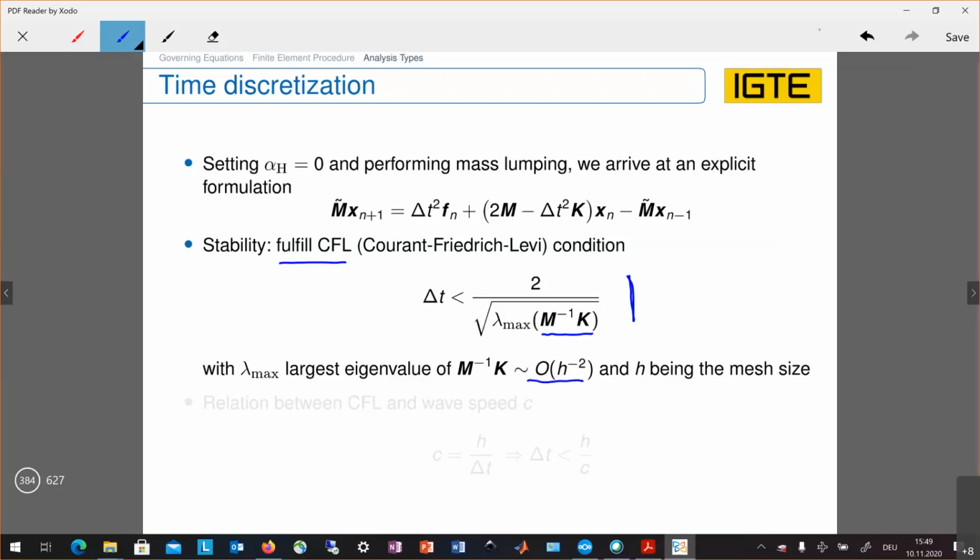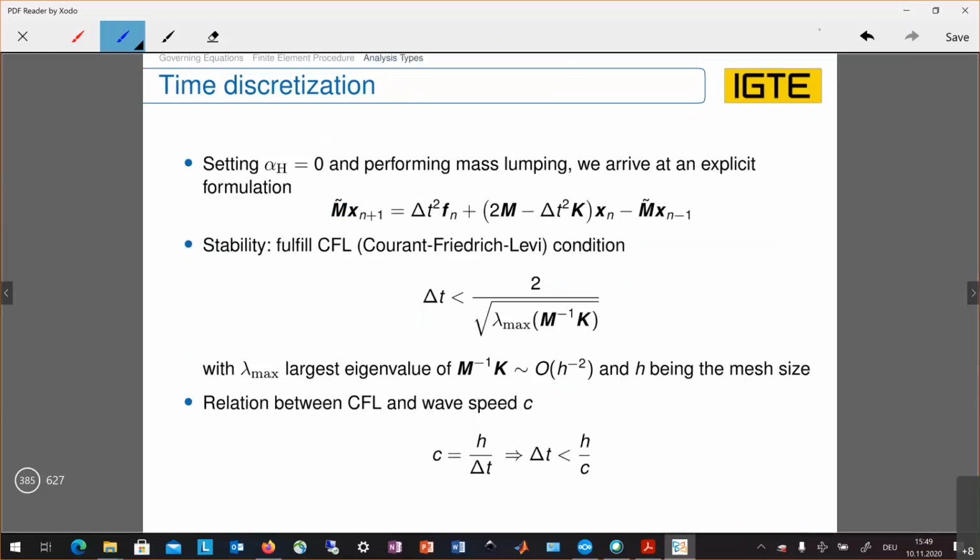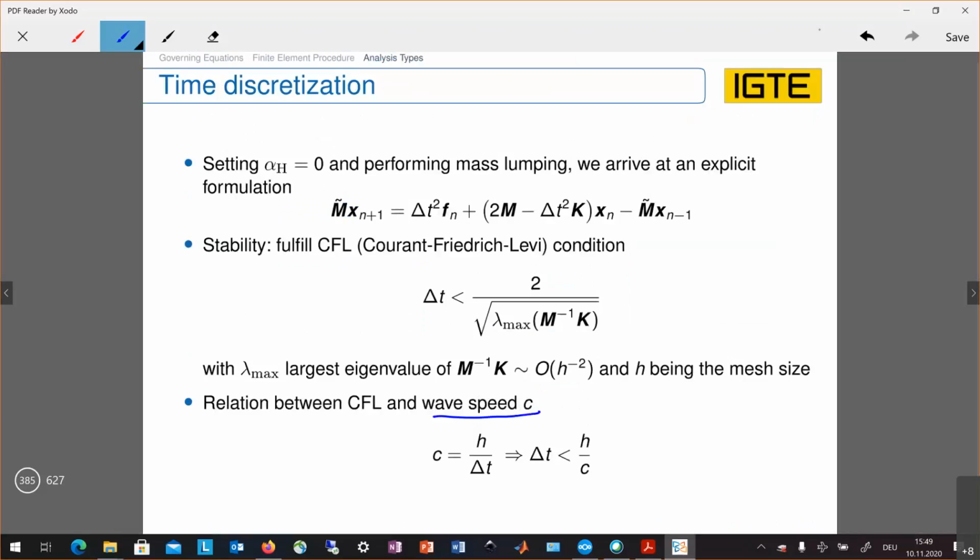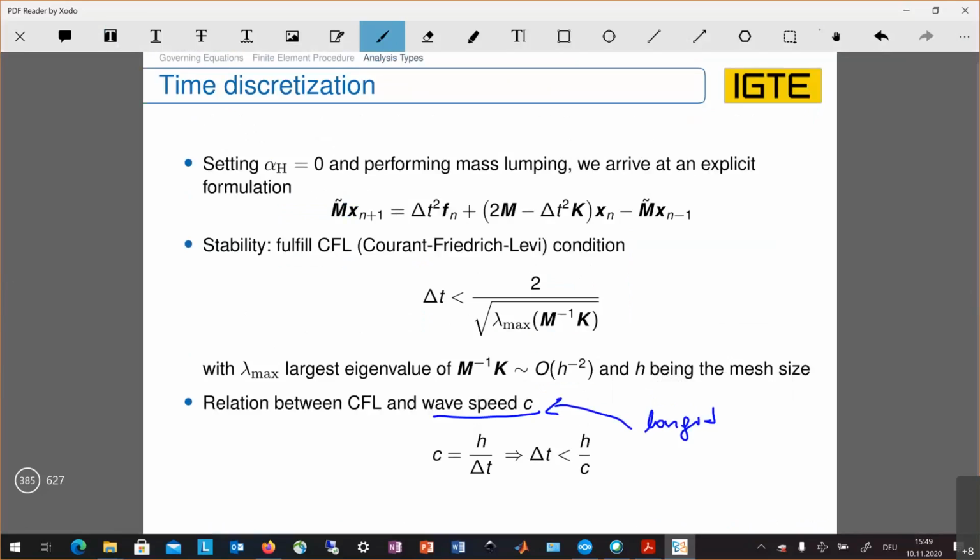has to be. The engineering approach, you can show that this restriction can be simply computed when you know the wave speed, and for this you mainly use the longitudinal wave speed. As you know, in the solid body we have quite a lot of different waves which can propagate: longitudinal waves, transversal waves, surface waves, and so on.